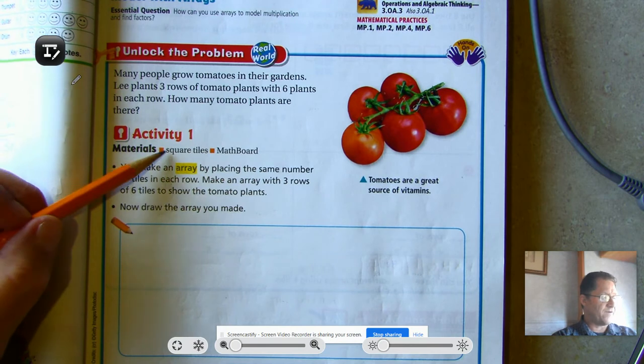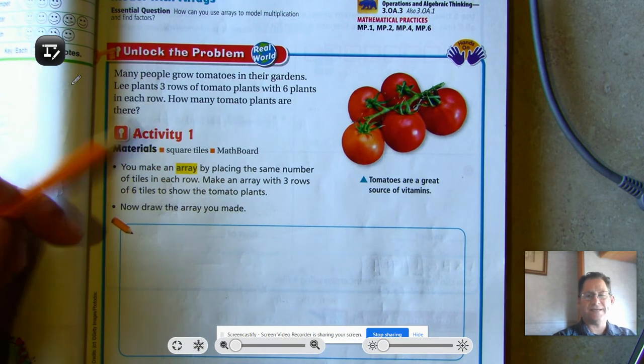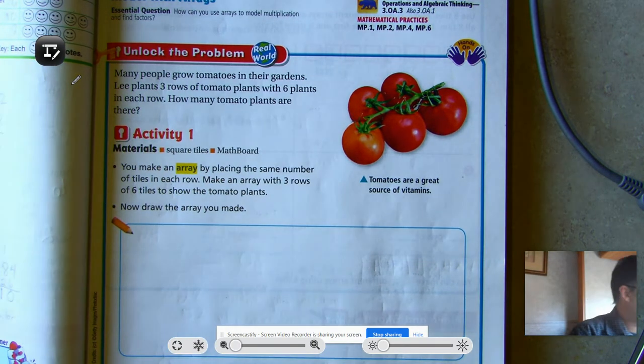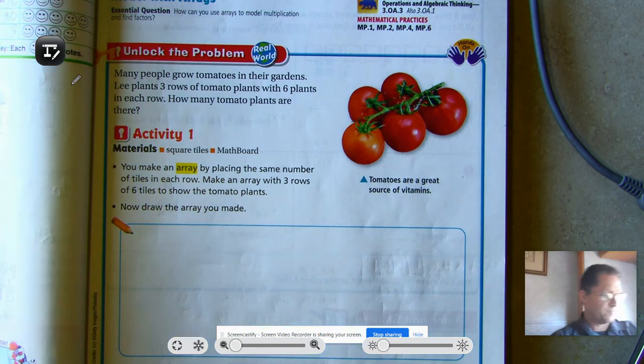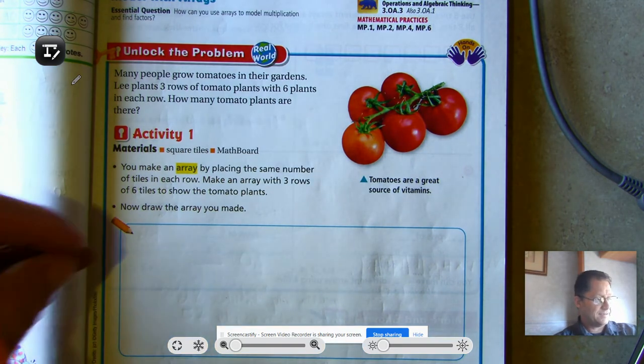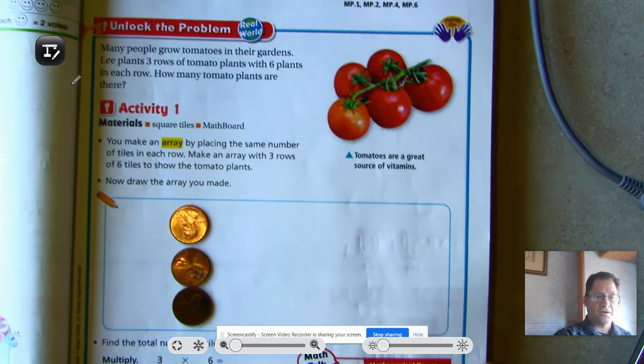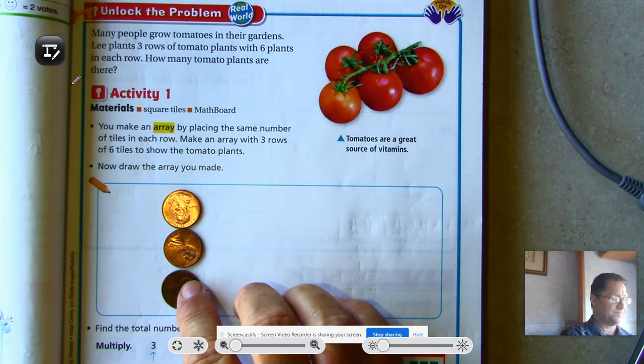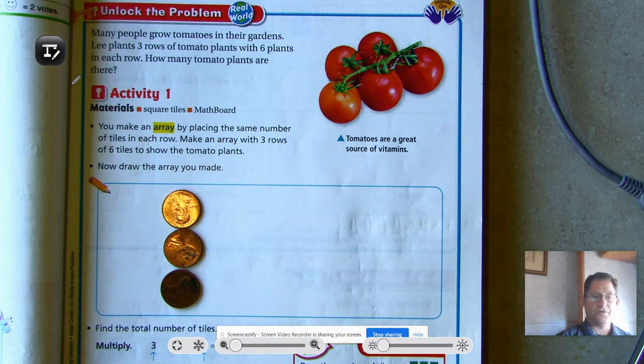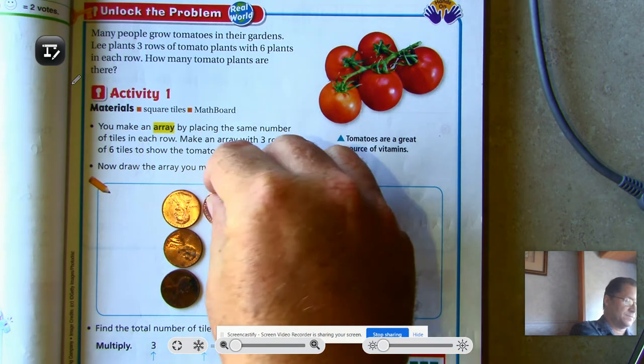If you want, you can use anything as counters. For instance, I can use pennies to represent the rows. It said 3 rows, and in each row there are 6 plants.